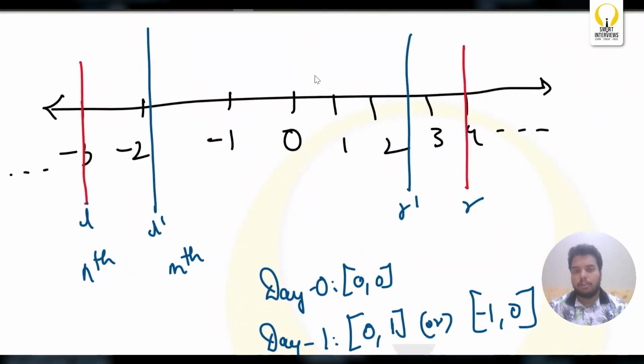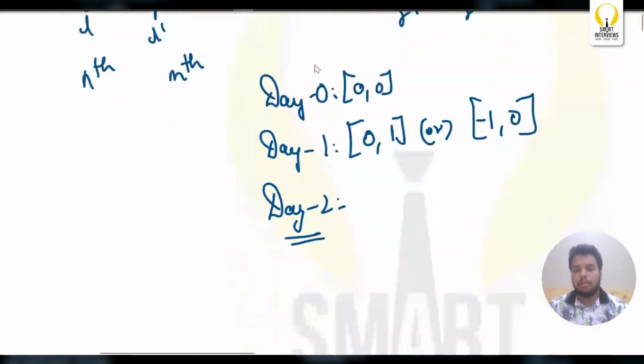On day 2, if you have infection from 0 to 1 on day 1, you can have infection either from 0 to 2 or -1 to 1. So here you have two possibilities: -1 to 1 or 0 to 2.